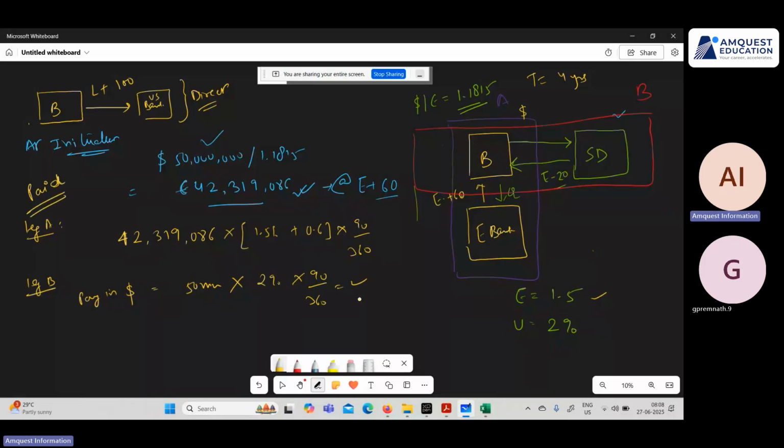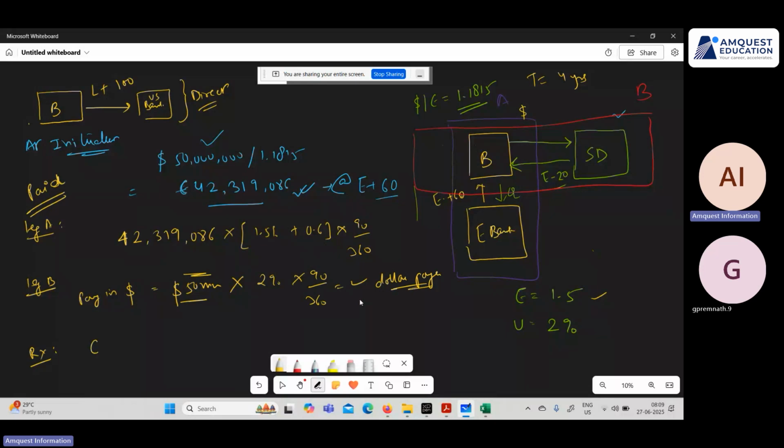Now let us talk about what he's going to receive. Isn't he paying on dollars? So he's a dollar payer, isn't it? Correct. Bovis is a dollar payer. Now, how much is he going to receive?